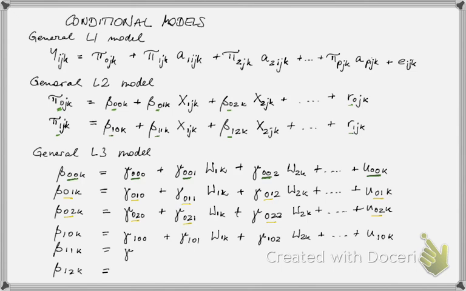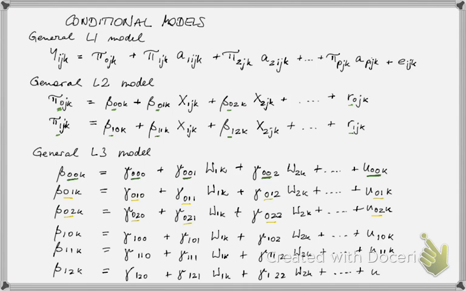The next one is gamma 110, gamma 111 plus gamma 112, and hopefully we get them all right, U11k. And then we have gamma 120 plus a gamma 121 and gamma 122. And you can see how this just keeps going.